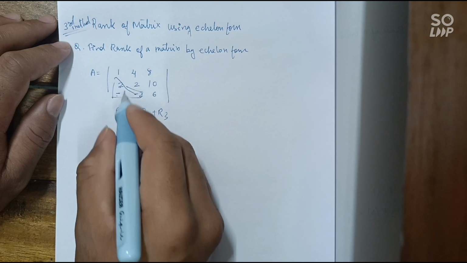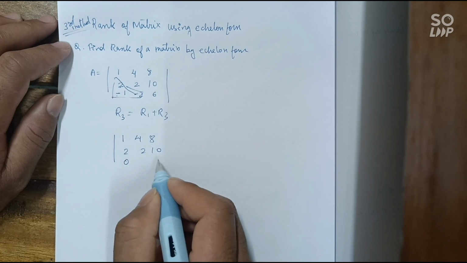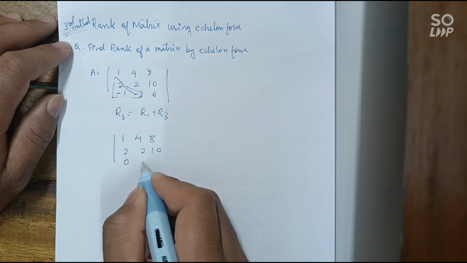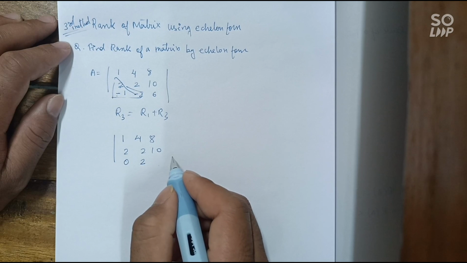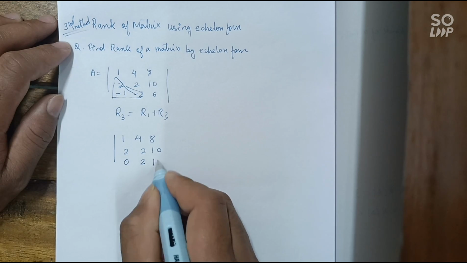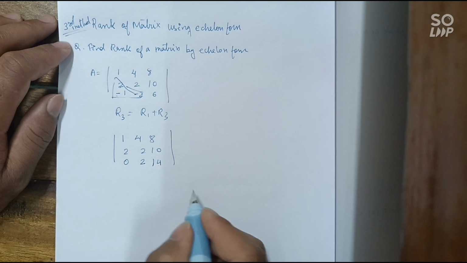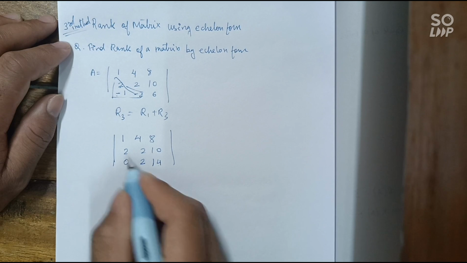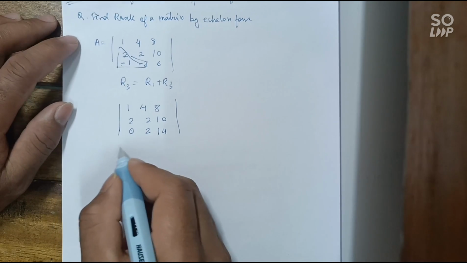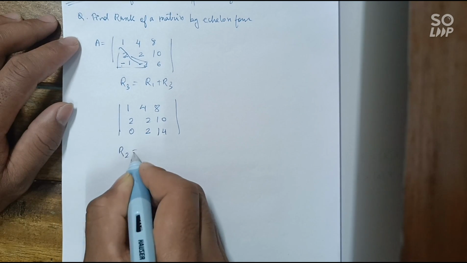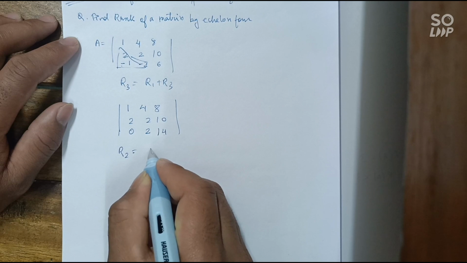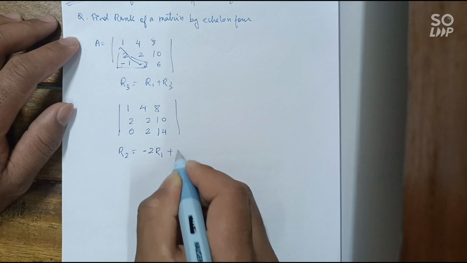And if you add it, minus 1 plus 1 will get 0 here, minus 2 plus 4 we get 2, and then 6 plus 8 we get 14. And as we need to make this 0 also, let's apply another operation here. R2 equals, let's say we take minus 2 of R1 plus R2.